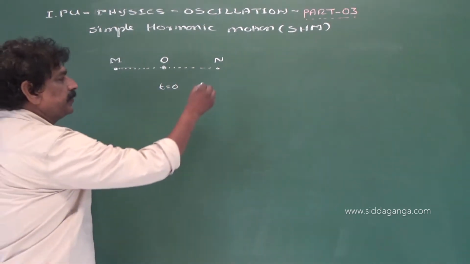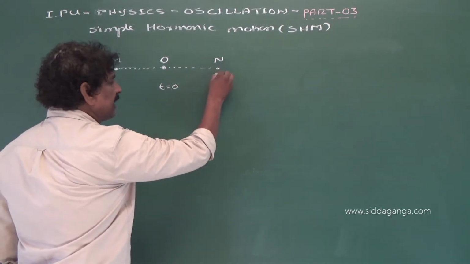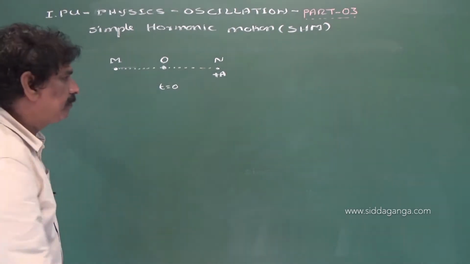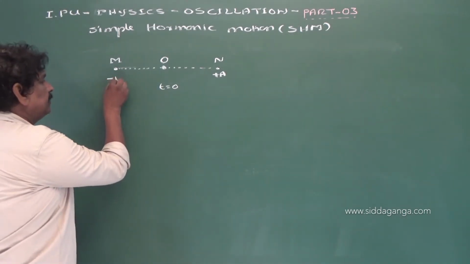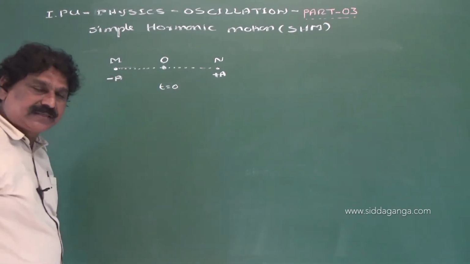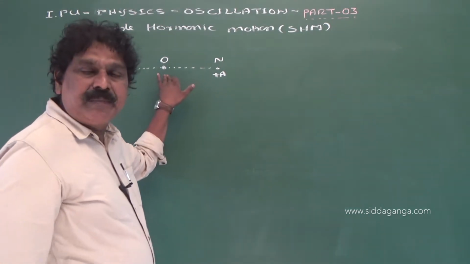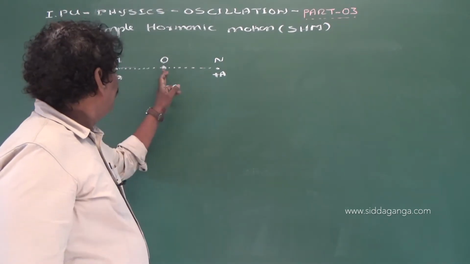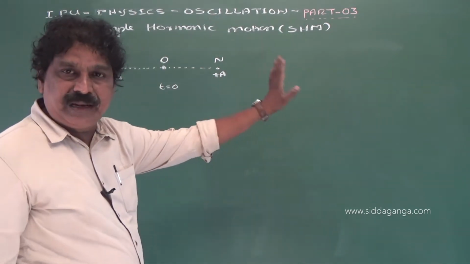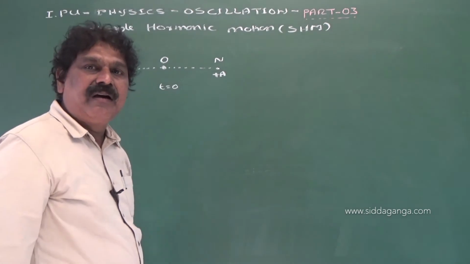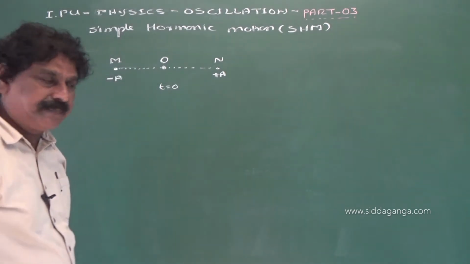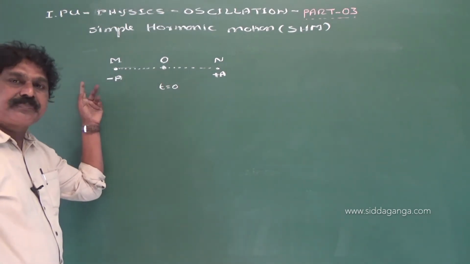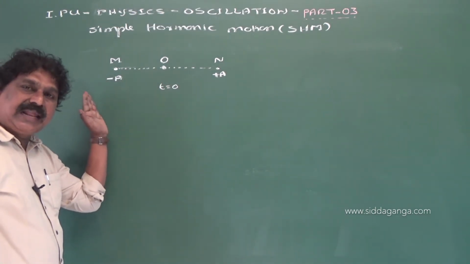Here, this position has maximum displacement from mean position, that is amplitude. This is minus A, because when we take the mean position at the origin, then ON is on the positive side of the Cartesian coordinate system, that is along positive x. OM is on the negative side.